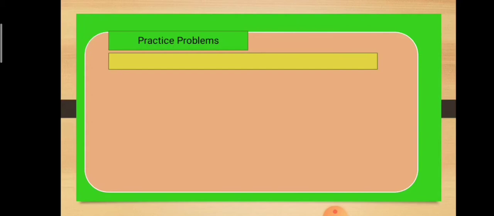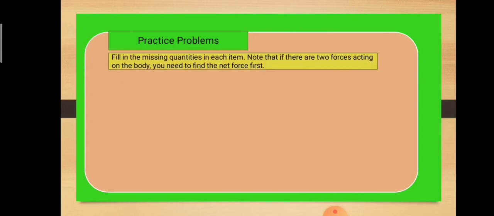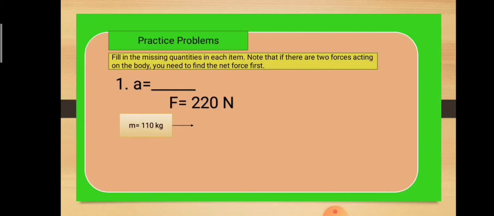Okay, let's practice the problem. Fill in the missing quantities in each item. Note that if there are two forces acting on the body, you need to find the net force first. So let's say, for example, find the acceleration. I have here the solution on how to solve.